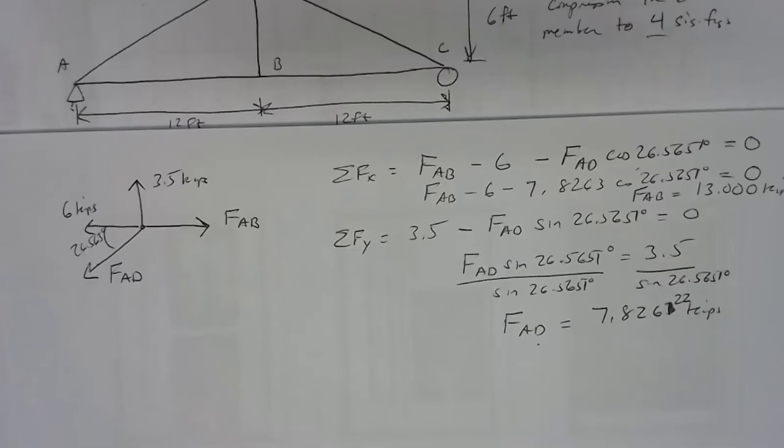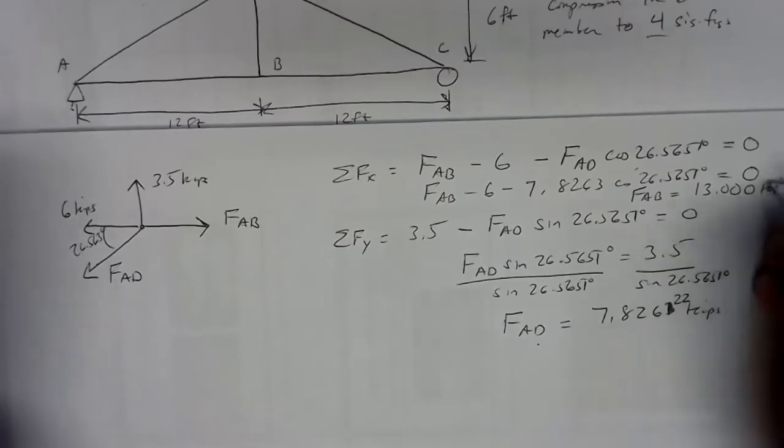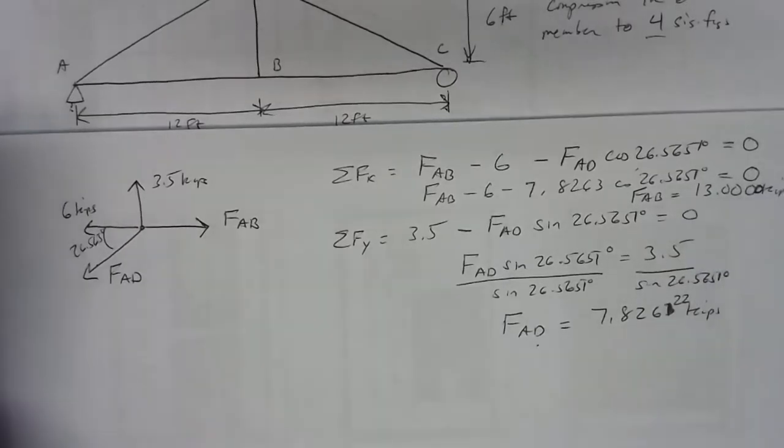We have 12.99998, which rounds to 13.0000. So not much of a change there.